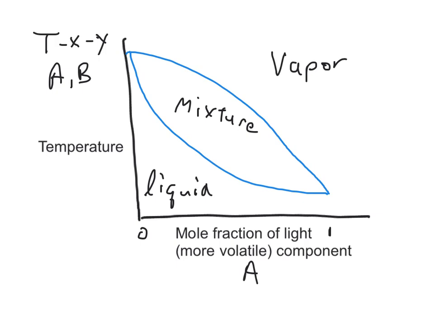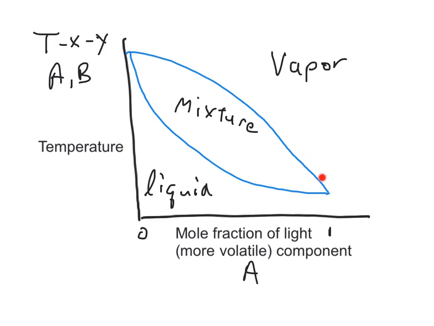If we're at high temperature and at the concentrations in this region, then we may have only vapor phase, and not a liquid phase. On the other hand, if I'm at a low temperature and at these mole fractions down here for my light component, or more volatile component, I may be only liquid. But somewhere in between the two extremes, I will have a mixture of vapor and liquid in equilibrium.